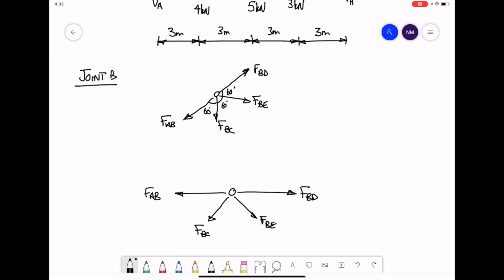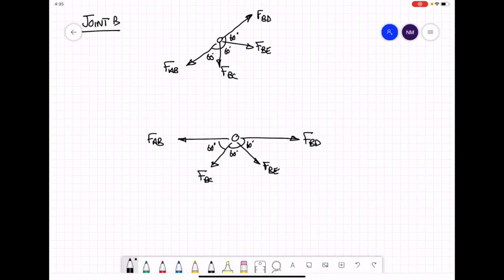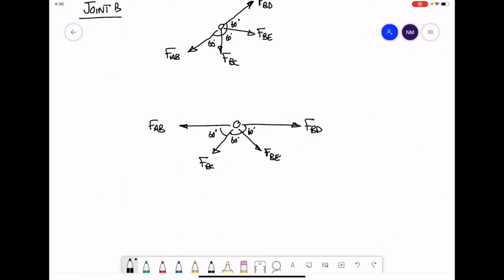Again, the angles between each of these members is 60 degrees. All I've just done is turn it around. The reason for doing this is whenever we do our equilibrium equations, we'll have one equation with one unknown, and then we can directly solve it. Previously, if we didn't rotate around the joint, you'd have to solve the unknown forces in the members by using simultaneous equations.